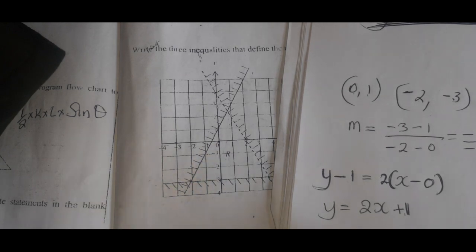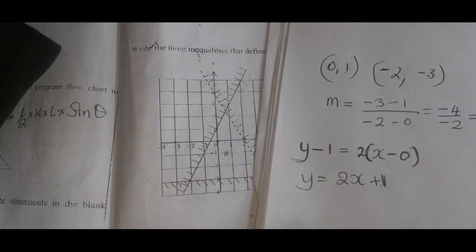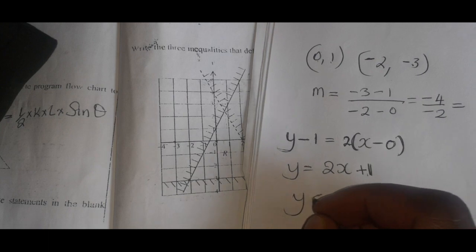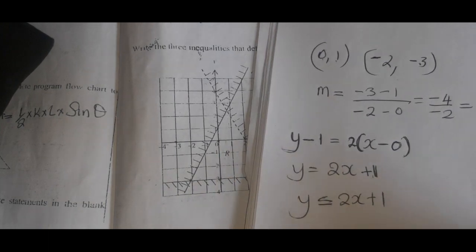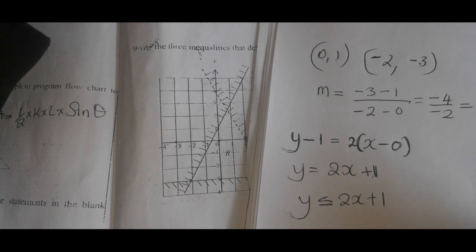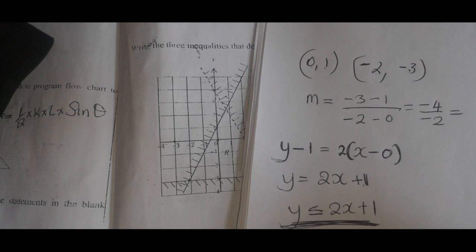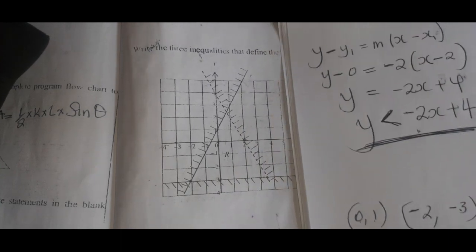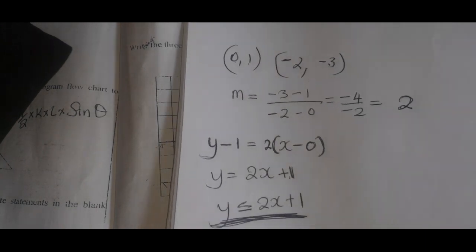And the line is solid. So we're going to say now, y is less than or equal to 2x plus 1. So this is the third inequality.